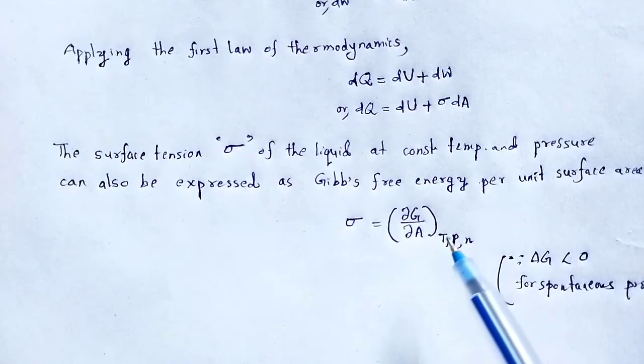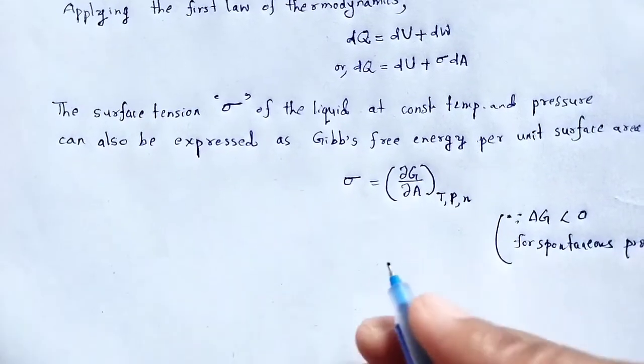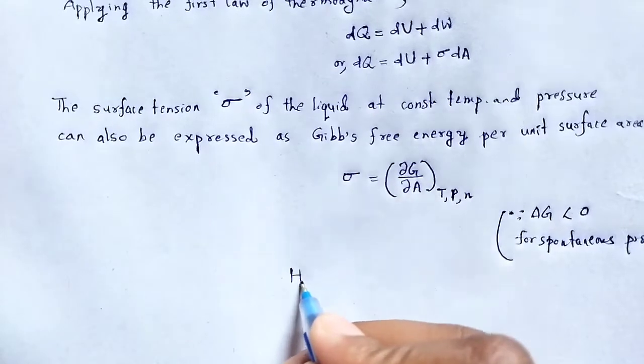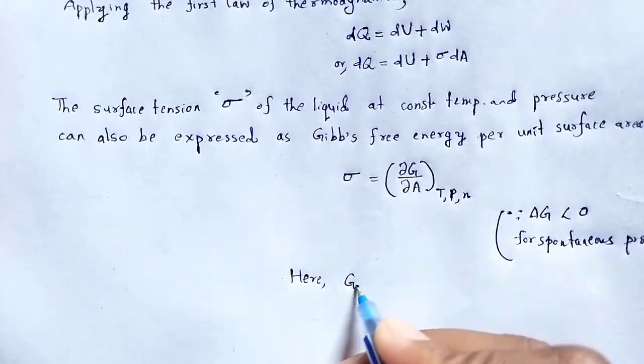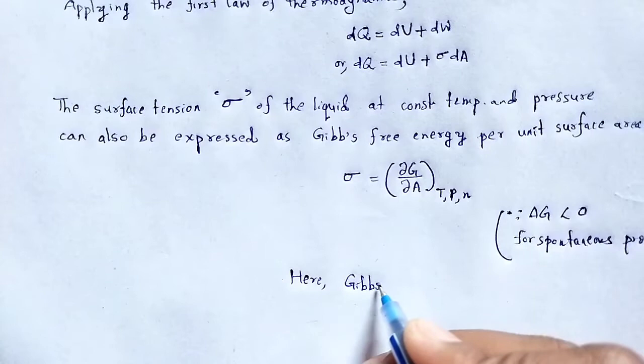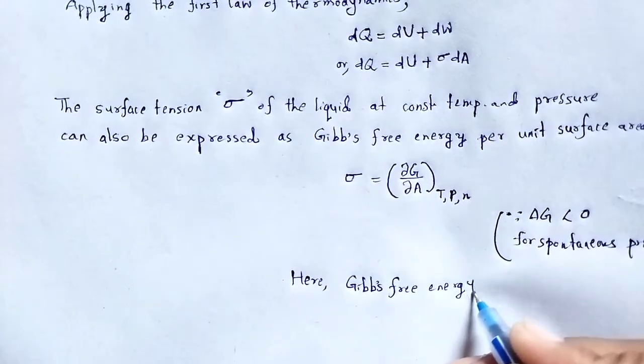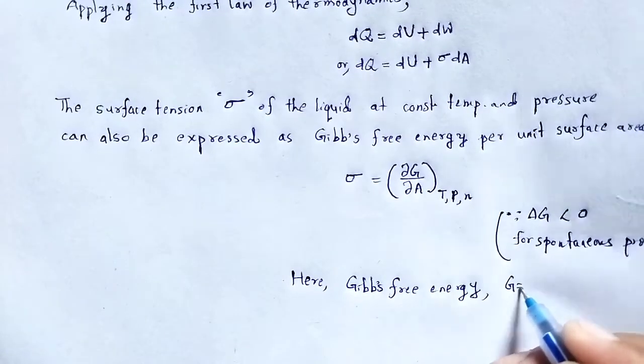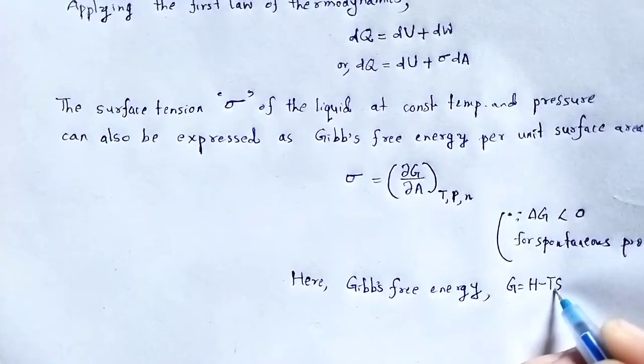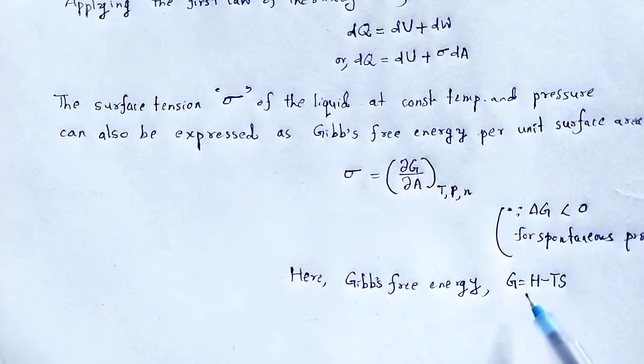Now the Gibbs free energy, G is equal to H minus TS, is defined as the maximum amount of energy available to a system during a process that can be converted into useful work at constant pressure and constant temperature.